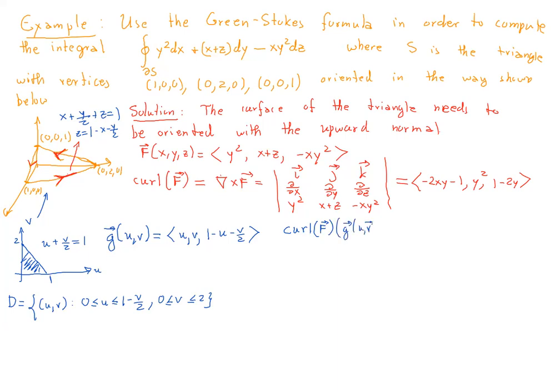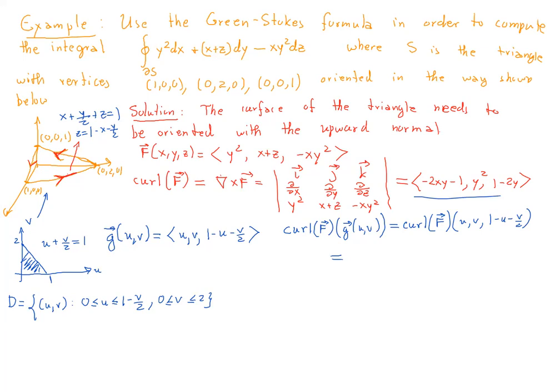So that means what? That we should take this and replace x by u, y by v, and z by (1 minus u minus v) over 2.